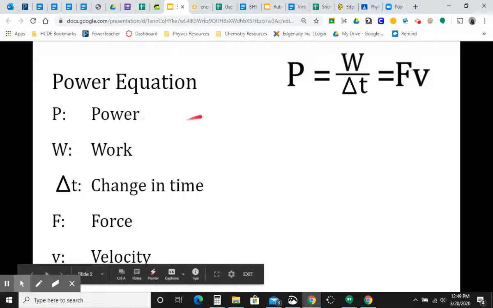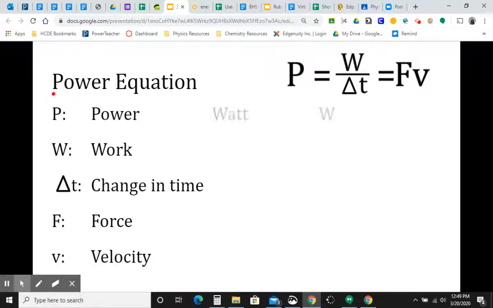So that's all those variable definitions. Let's also make sure we know what units we're going to use for each one. So for power, I'm just going to tell you we're going to use the watt. James Watt was a scientist who studied this, and so we call it a watt in his honor. We use a capital W as the abbreviation for that unit, and this gets confusing because I just also said that capital W was used for work.